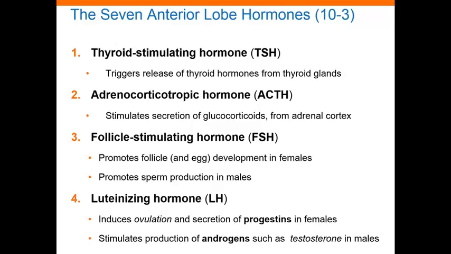Thyroid-stimulating hormone, or TSH, is also called thyrotropin. It is released in response to thyrotropin-releasing hormone from the hypothalamus. This triggers the release of thyroid hormones from the thyroid gland, which then cause a decrease in thyroid-stimulating hormone and thyrotropin-releasing hormone.